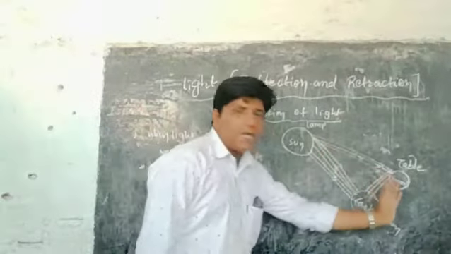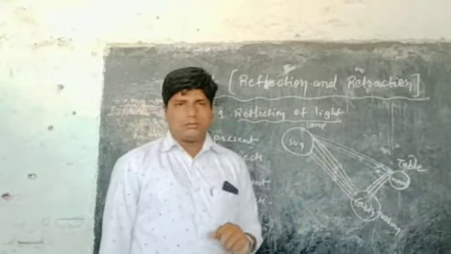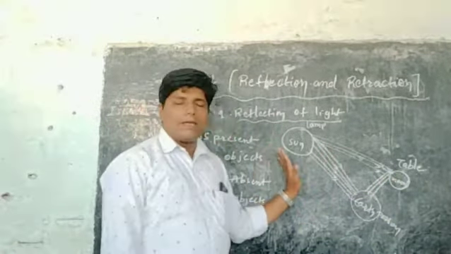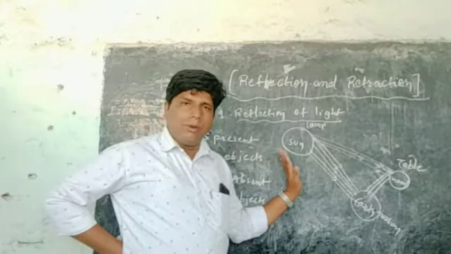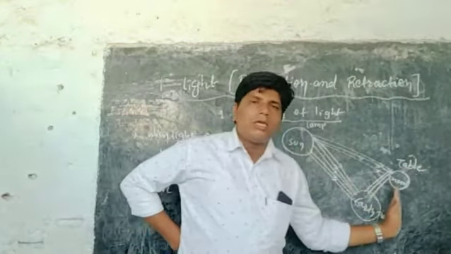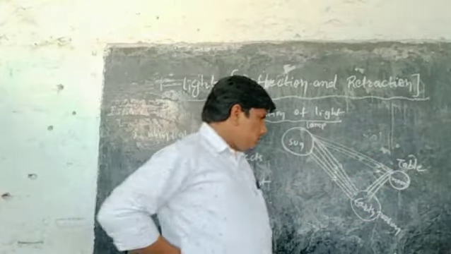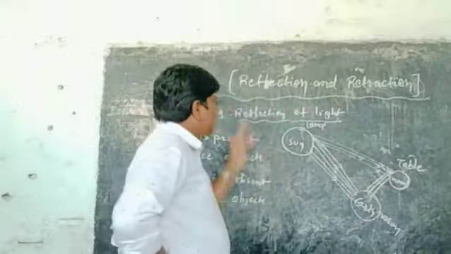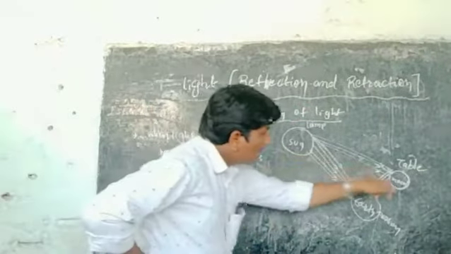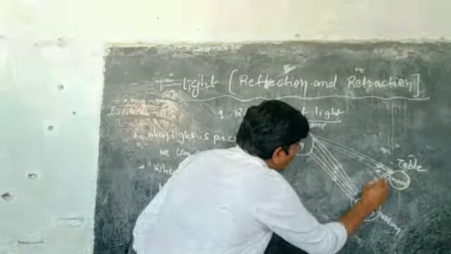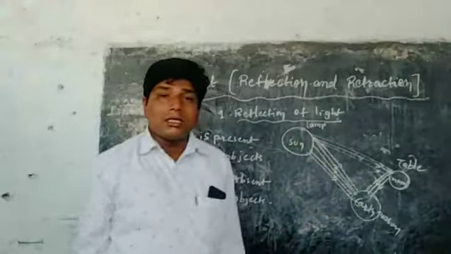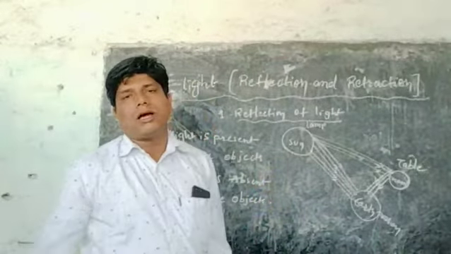It receives the light from the sun and reflects it to the earth. So the sun is acting here as a luminous source of light and the moon is acting as a non-luminous source of light. This is the classical example to understand the reflection of light. Here the moon is reflecting the light onto the earth.